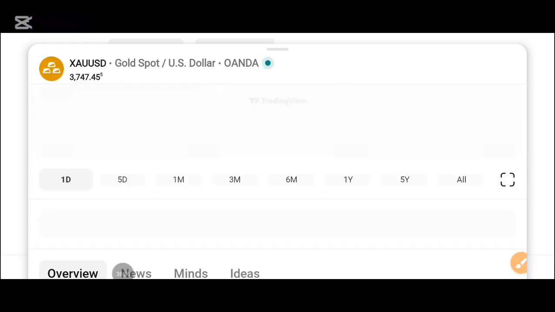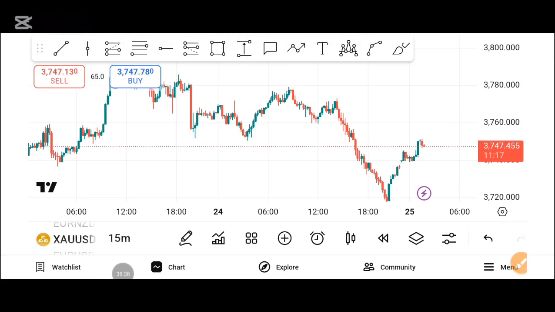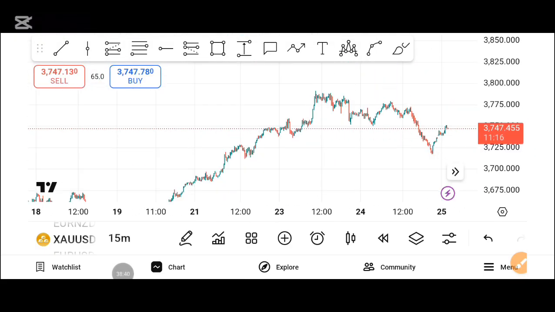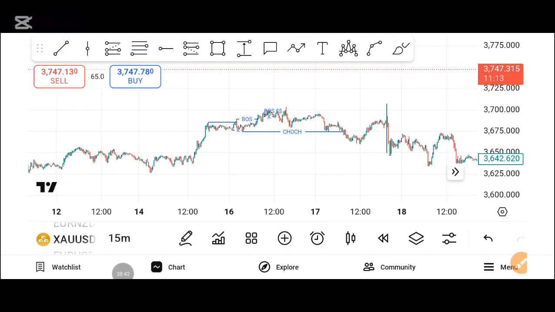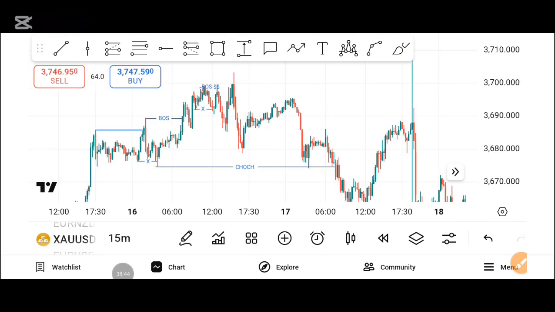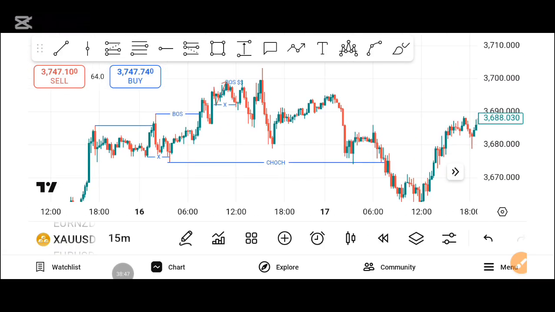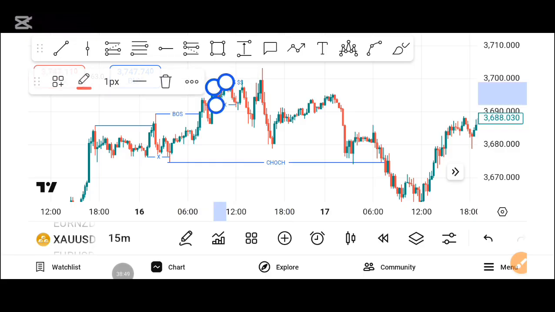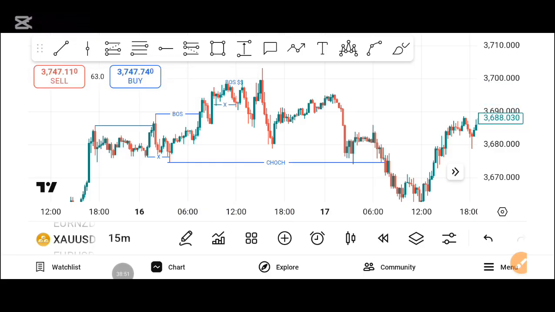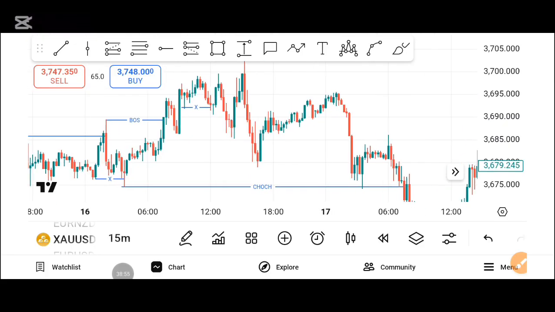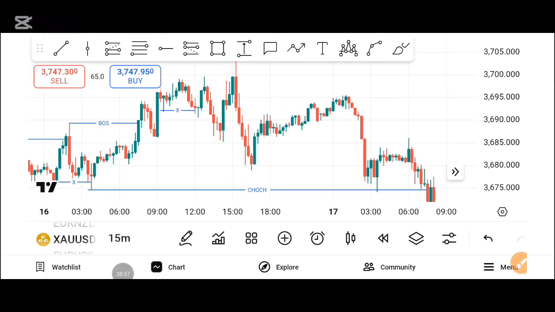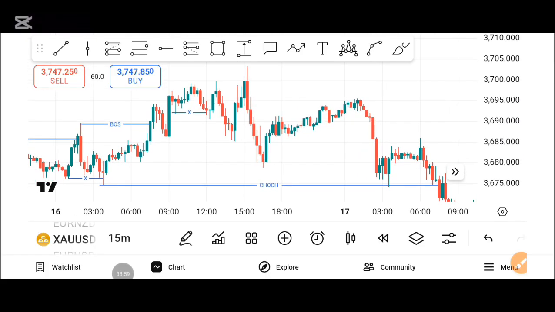So let's go back to our structural mapping. Alright, so this is where we are. It's good for you to always mark your structures. So this was our inducement here. So price did what?